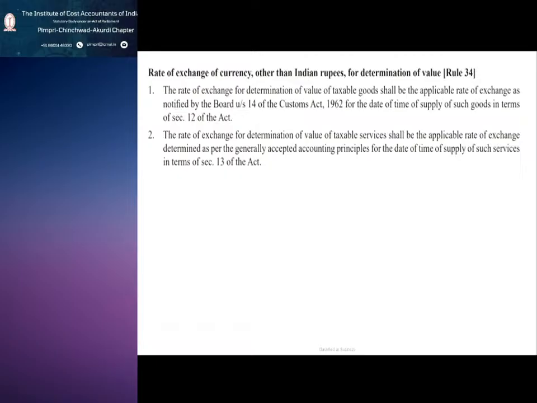Then we saw 31A, that is lottery, betting, gambling. In Rule 32 we have 5 major ones: 2 is foreign exchange currencies, 3 is air travel agent, 4 is insurance, and 5 is buying and selling of gold. So I think mostly covered.